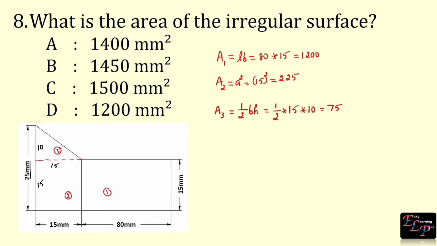So the total area is A1 plus A2 plus A3. Substitute the values. 1200 plus 225 plus 75. It is 1500 mm square. So the answer is option C, 1500 mm square.